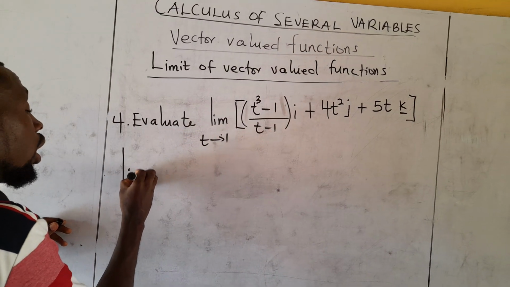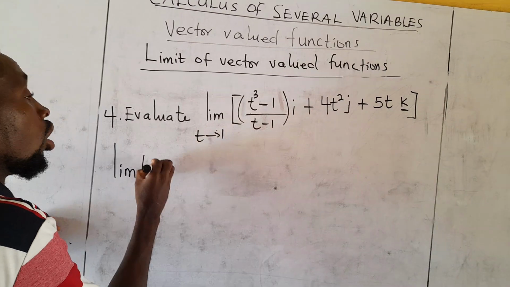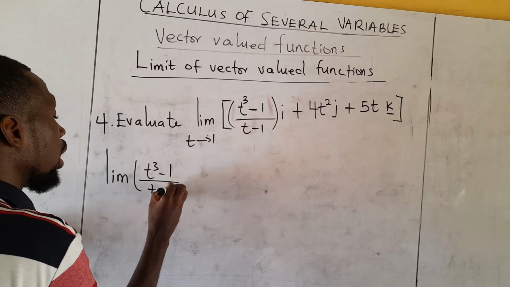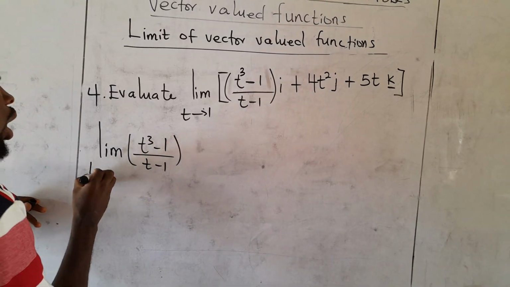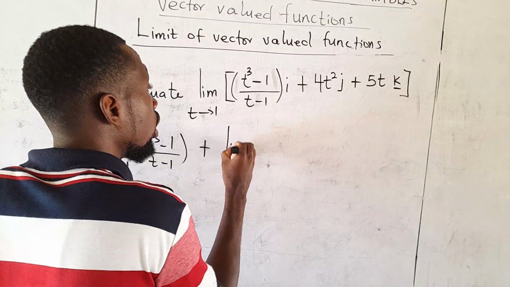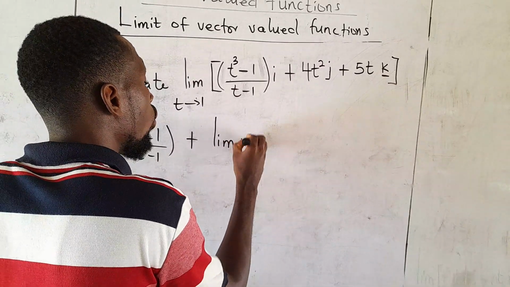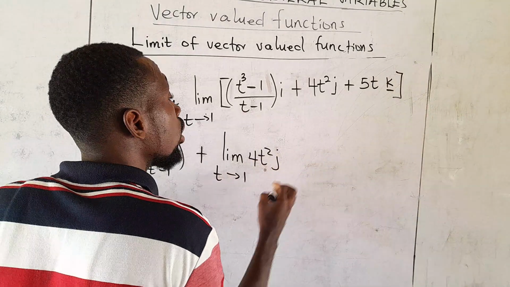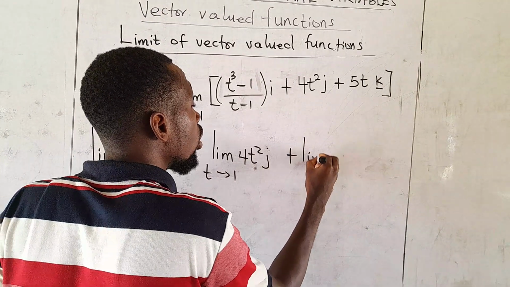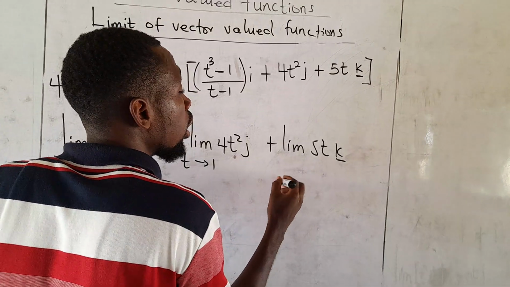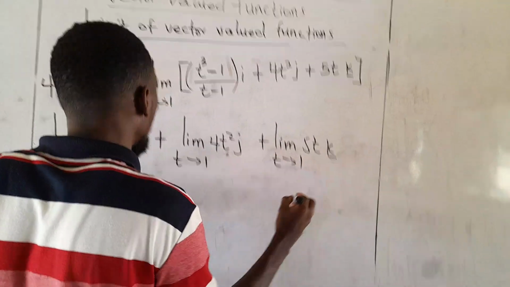That will be equal to the limit of t cubed minus 1 over t minus 1 as t approaches 1, plus the limit of 4t squared j as t approaches 1, plus the limit of 5t k as t approaches 1.